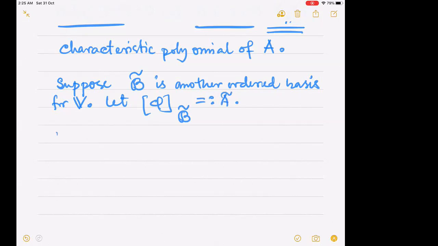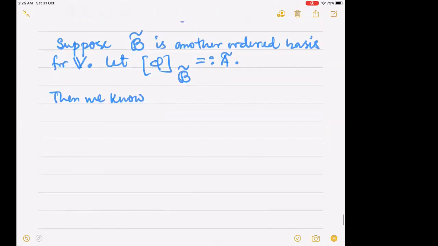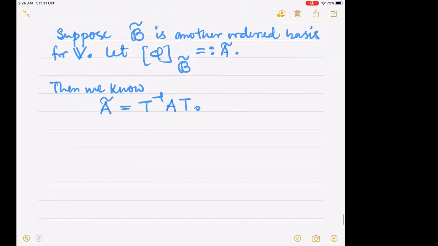Then we have already seen before, even before midsem, that A tilde is nothing but T inverse A T, where T is that invertible matrix. Now notice what happens.